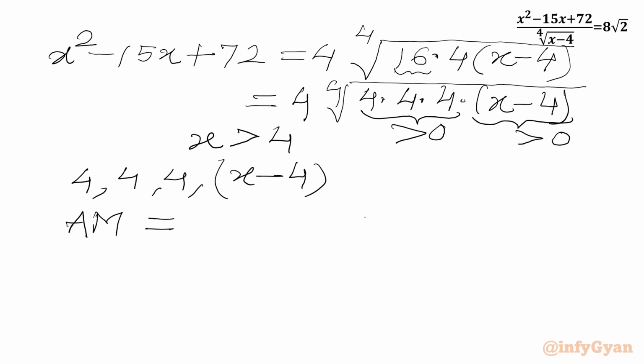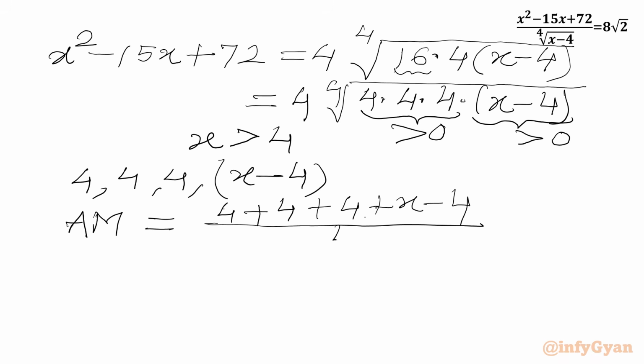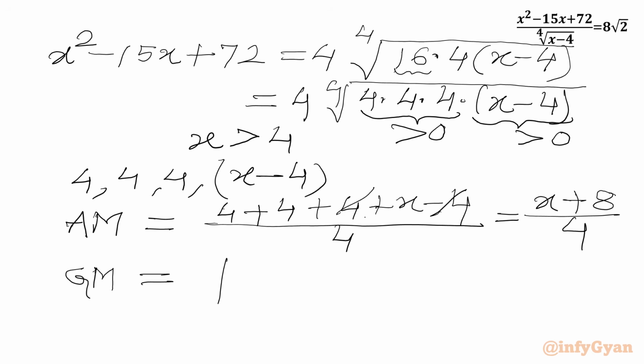So AM must be equal to 4 plus 4 plus 4 plus x minus 4 over the total count of numbers, divided by 4. We'll cancel plus and minus 4. We will write here x plus 8 over 4. So the arithmetic mean is x plus 8 over 4. Let's find out the geometric mean, which will be equal to 4th root of 4 times 4 times 4 times x minus 4.